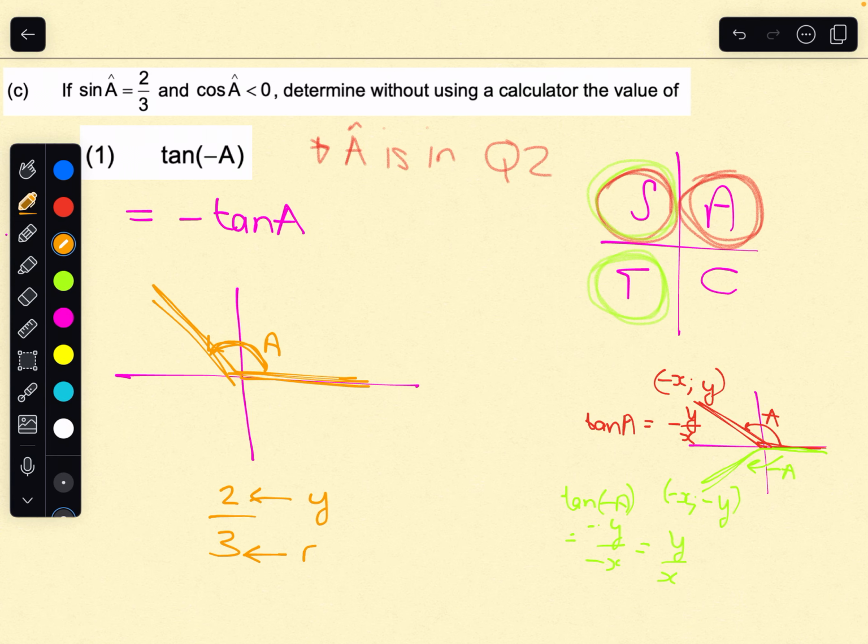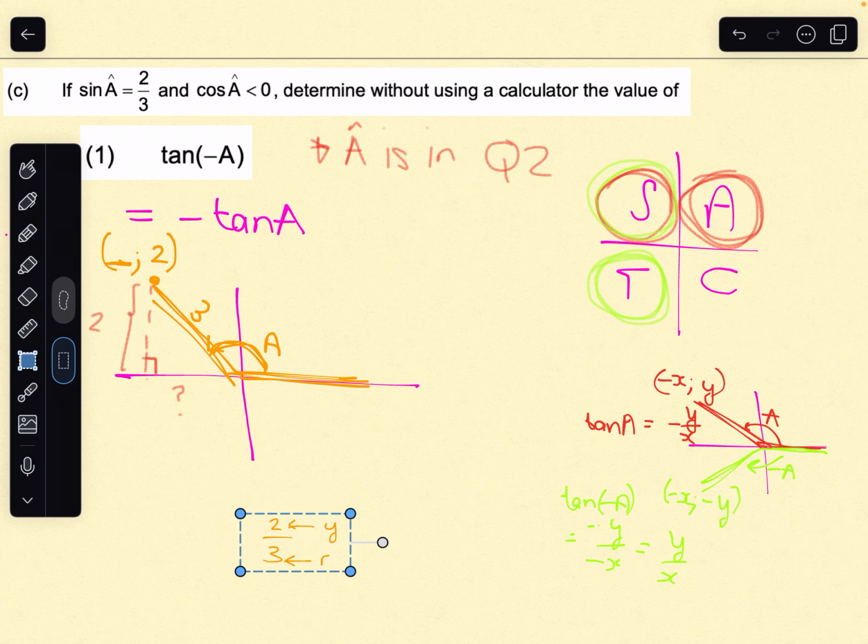So we can then say when the length of this arm is 3, we know that the y coordinate is 2. Now because we want tan, we need to figure out the x coordinate, so of course we use Pythagoras. We know that the length of this side is 2 units and this one is a question mark.